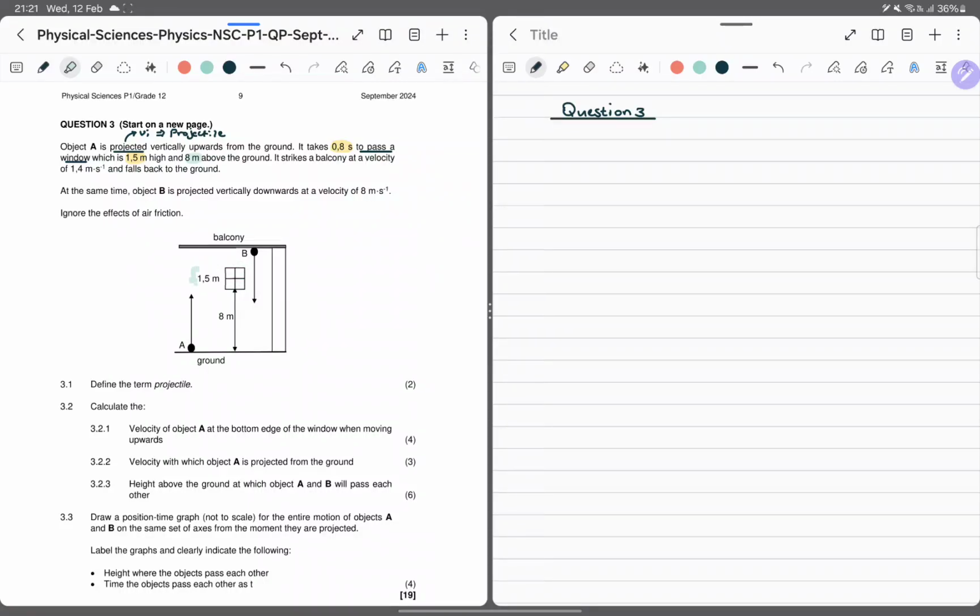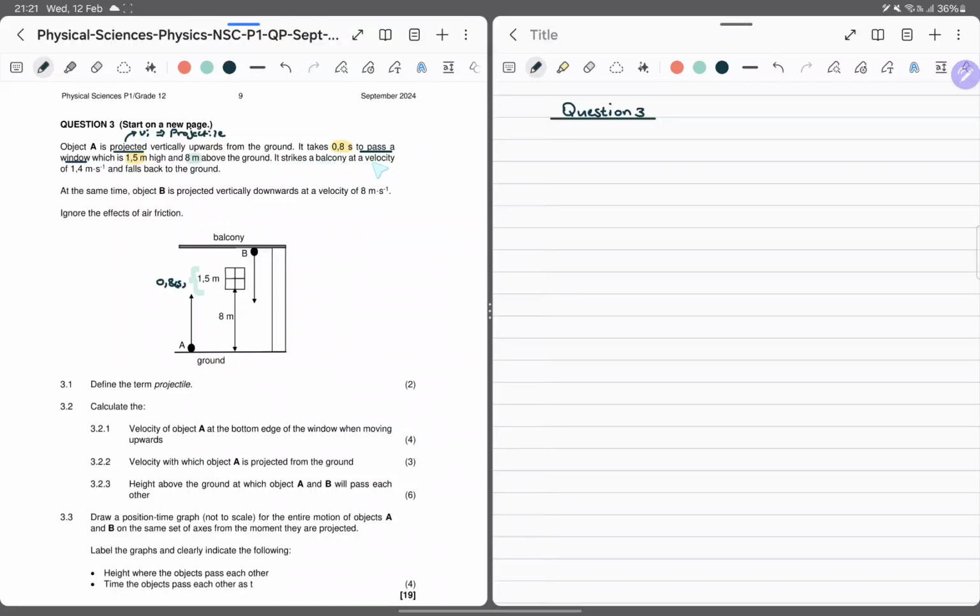Because that's passing. When objects pass each other, it's the time that it takes for them to move one across the other. So that's going to be 0.8 seconds. Okay. So please, guys, the English unfortunately has to be understood. If it's not understood, it's the problem. All right. So that's sorted.